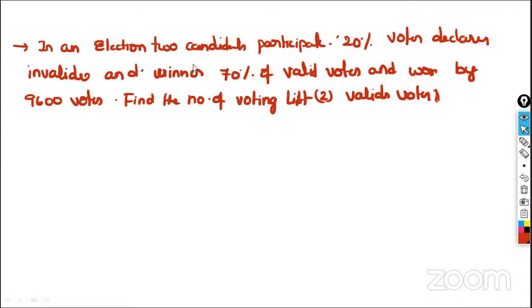Jhansi Rani, check once. Okay, Ashwant. Okay, valid votes is 24,000.